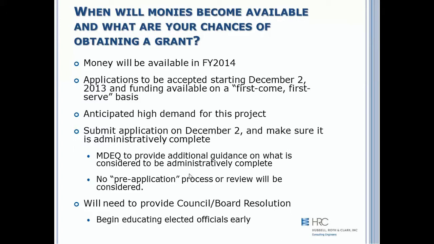Now, the big question is what happens if there are applications for more money than the $97 million that have been allocated for this year. And again, at this point today, the plan is that all of those applications received on that day, and there's no time stamp on it, just a date stamp, all the applications that have been received up to that point will be put into a hopper, and they'll start drawing out applications until they reach the $97 million.